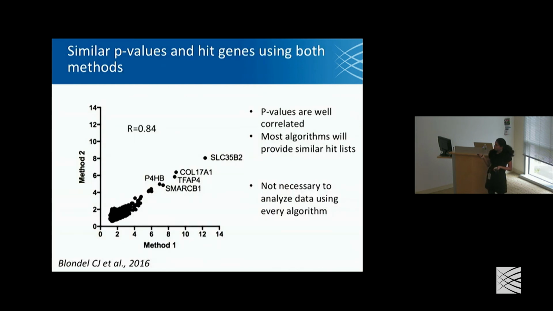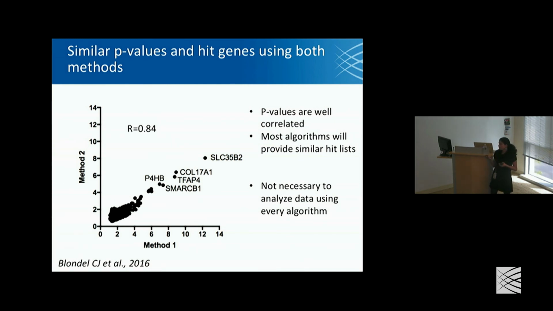Okay. So when you run each of these methods on the same screen, one of the screens I picked was published by the Waldorf lab last year, and I ran them using both methods. If you compare the p-values, how do they compare? Shown here on the x-axis are method 1 p-values, and on the y-axis are the p-values for method 2, and you can see that they line up really well with a Pearson coefficient of 0.84, and all of the top genes remain the same, whether you use method 1 or method 2.